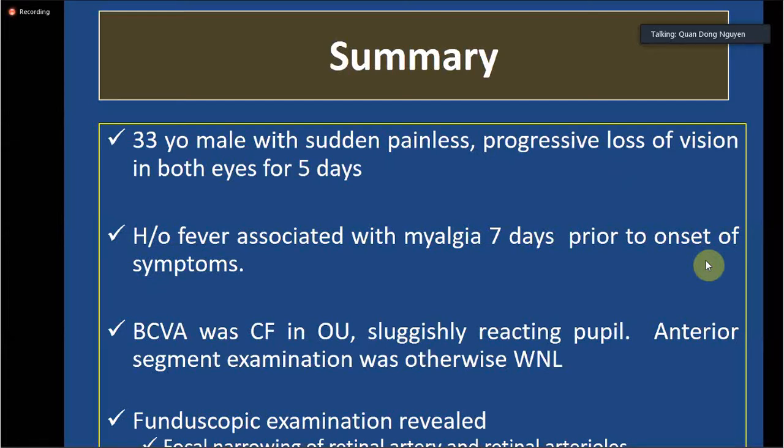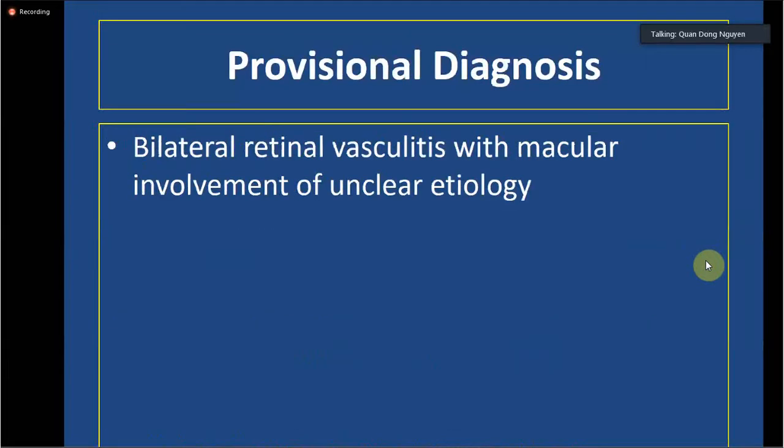I'm giving you a big hint now. For colleagues from the Middle East and the subcontinent, this may be something you have seen quite often. So the provisional diagnosis in this case is bilateral retinal vasculitis with macular involvement of unclear etiology.